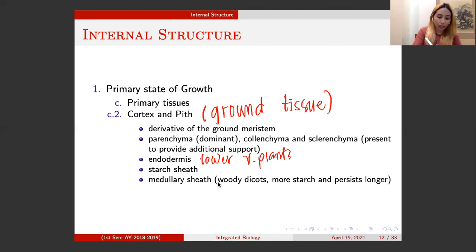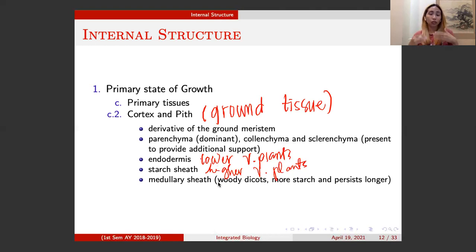Now, in higher vascular plants, you will never find an endodermis in the stem. You will only see this in the roots, because the endodermis is found in the roots of higher vascular plants. But in lower vascular plants, there is an endodermis that can be found in their stem. So again, endodermis is found in the stems of lower vascular plants.